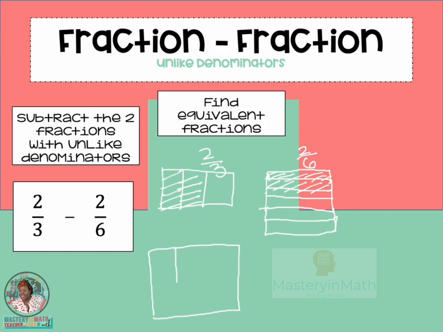We're going to draw it the same way that we did on top. We're shading in our 2/3. Here you have 1/3. Here you have another 1/3. And here's the other cool part. You're going to take your 6, but we're not going to shade it in.